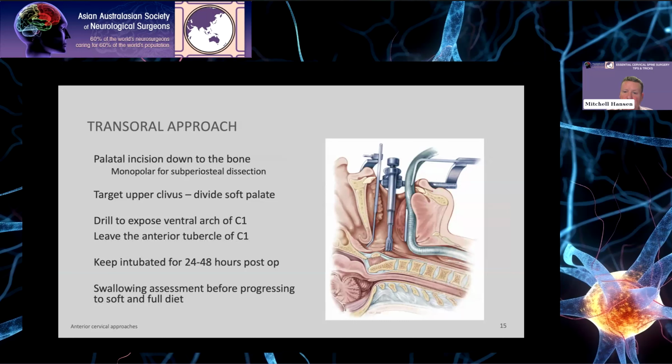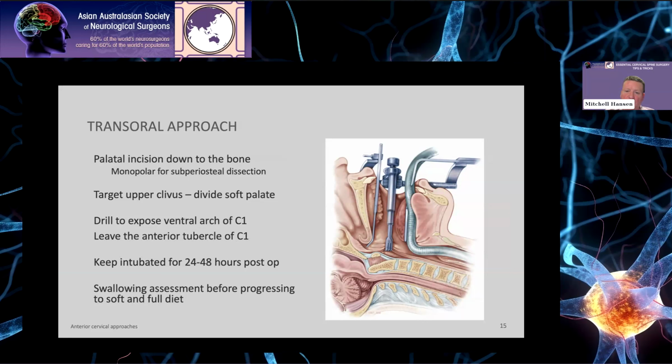The transoral approach certainly looks quite gruesome to get in there, but it's a workhorse for anterior procedures high up in the spine. We try and leave the anterior tubercle of C1 because of the attachments of the ligaments there.